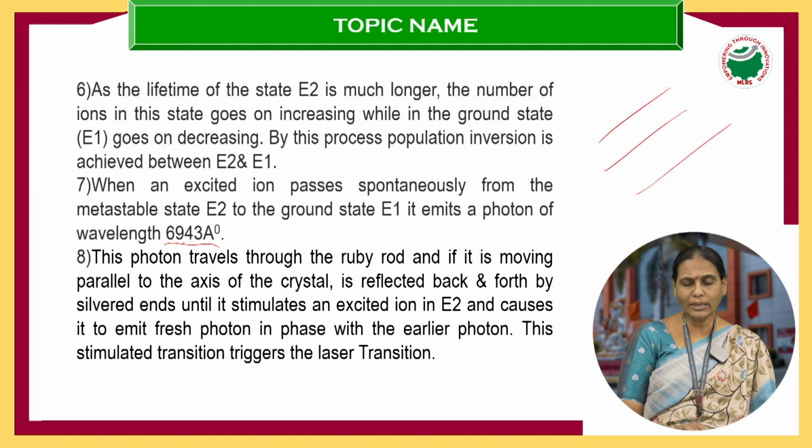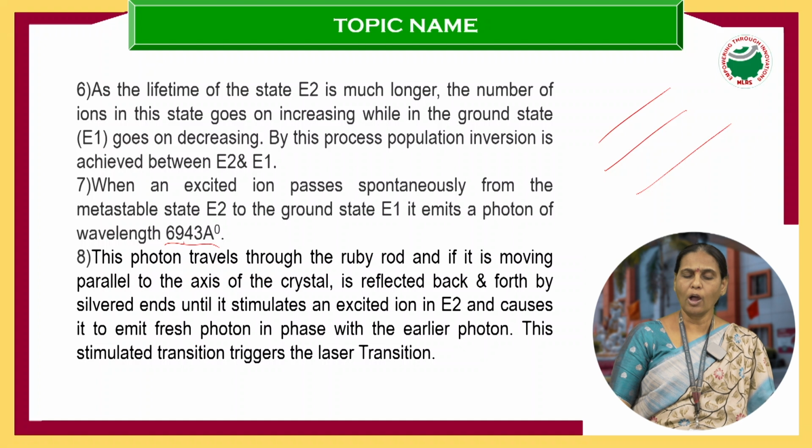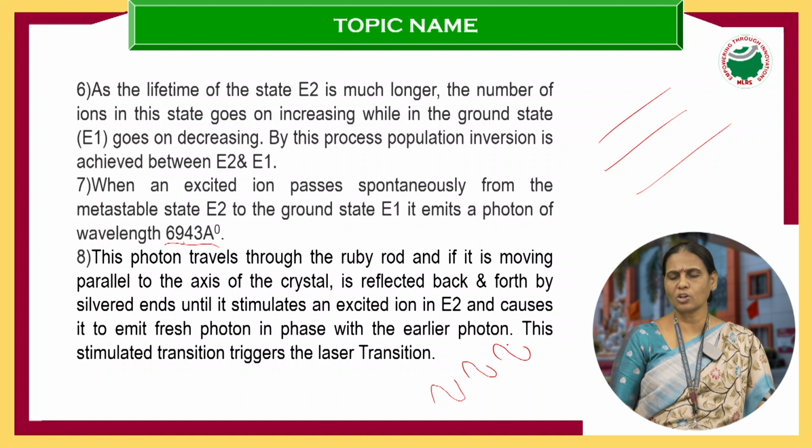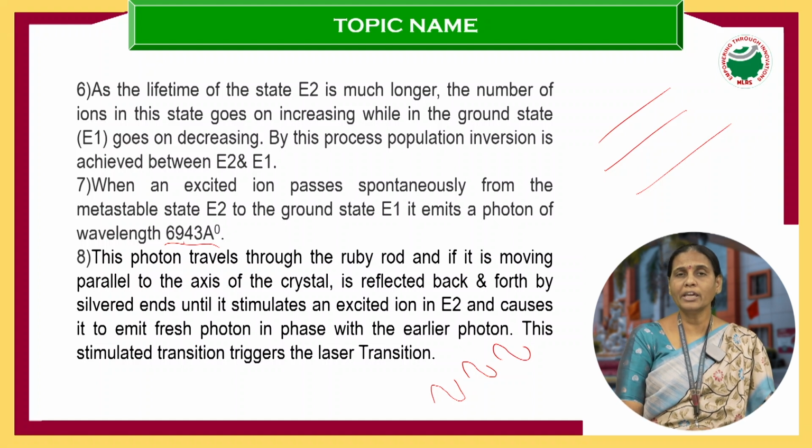But there is one disadvantage in the case of this ruby laser. The output which is produced comes out in the form of a discontinuous output. Why? Because we are giving energy in the form of flashes, and one flash after the other takes some duration of time.